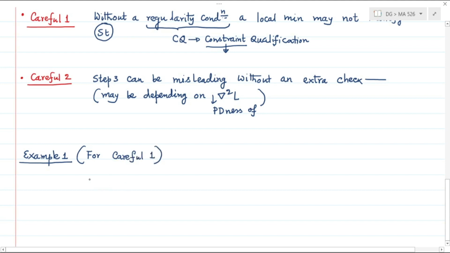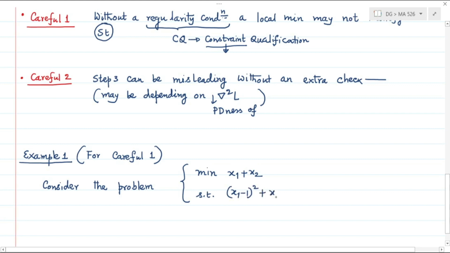Here you consider the following problem. Consider the problem that is asking us to find a minimum value of the function x1 plus x2 subject to (x1 minus 1) square plus x2 square less than or equal to 1, (x1 minus 2) square plus x2 square less than or equal to 4.